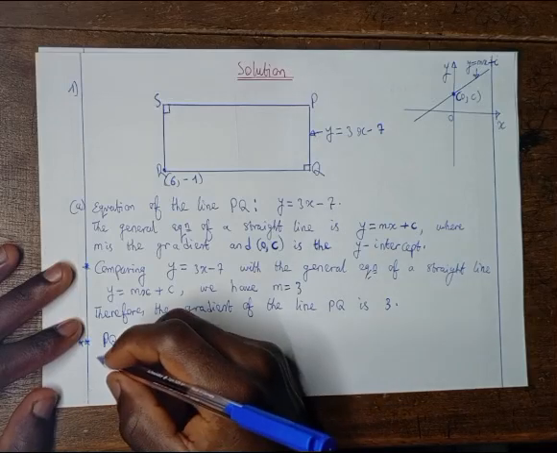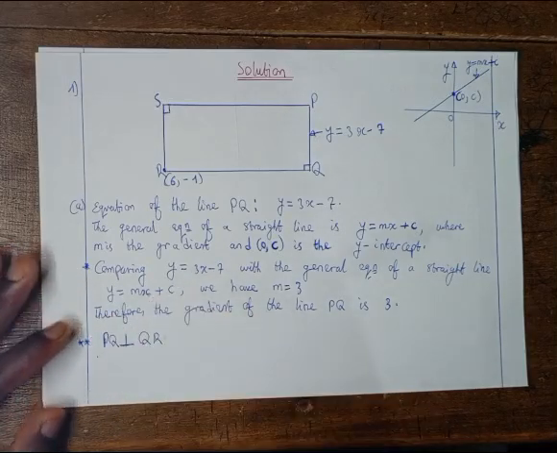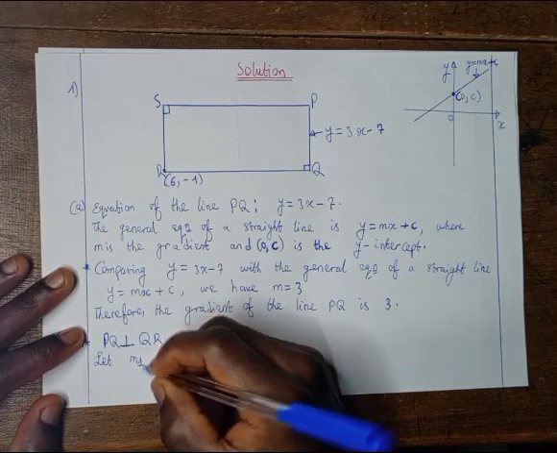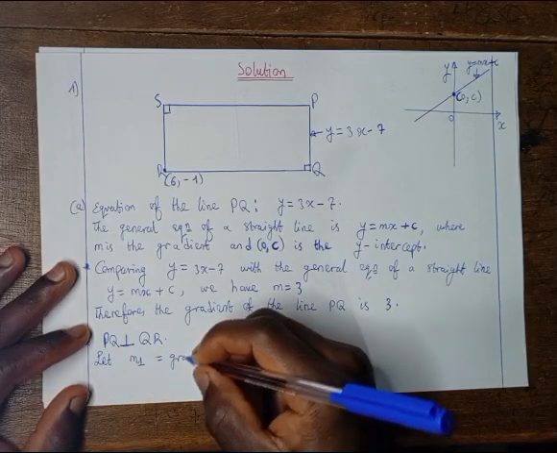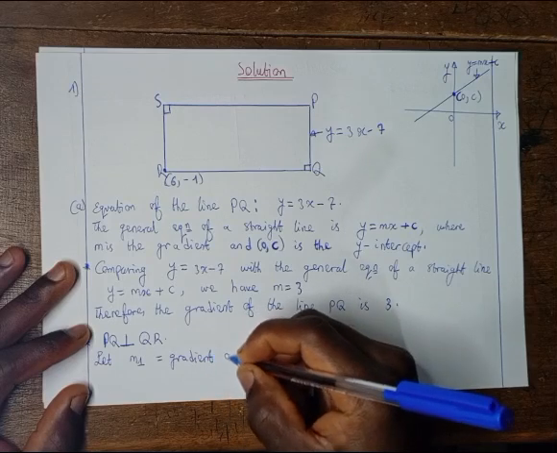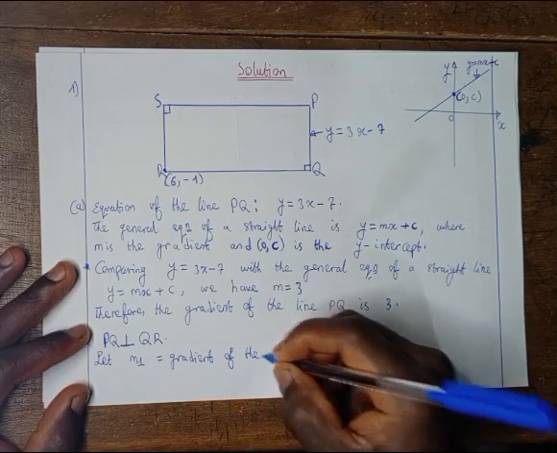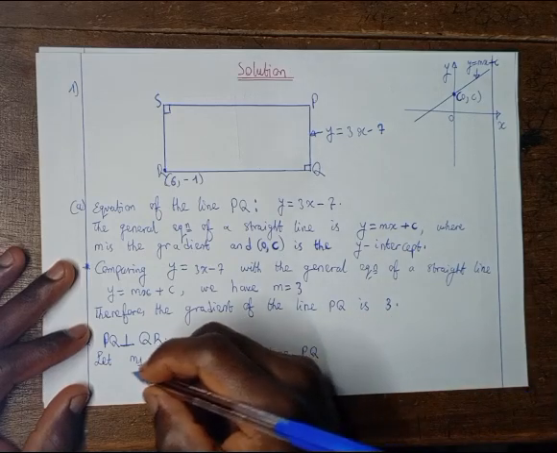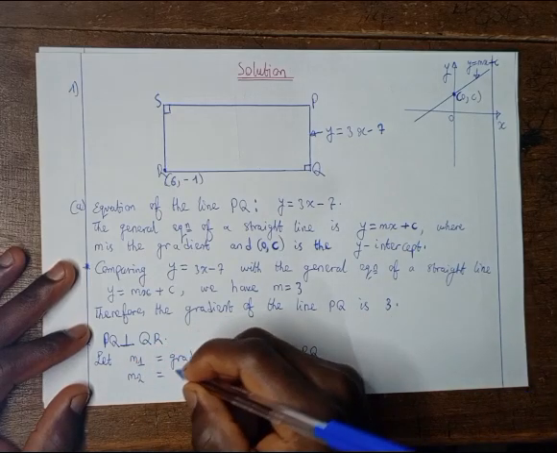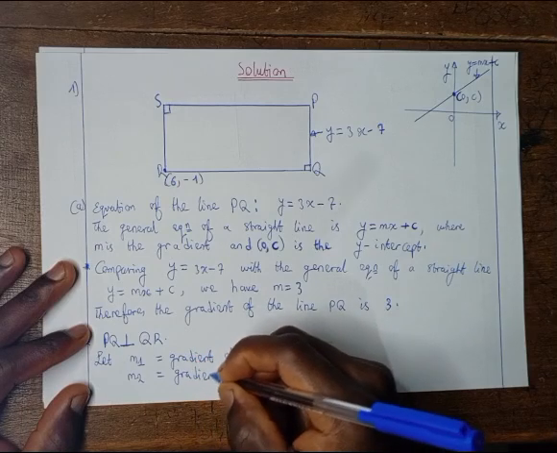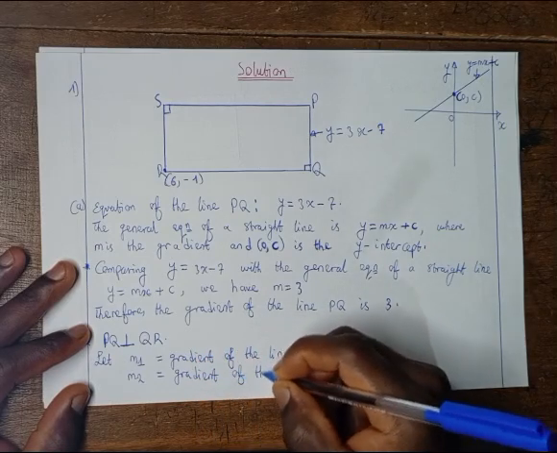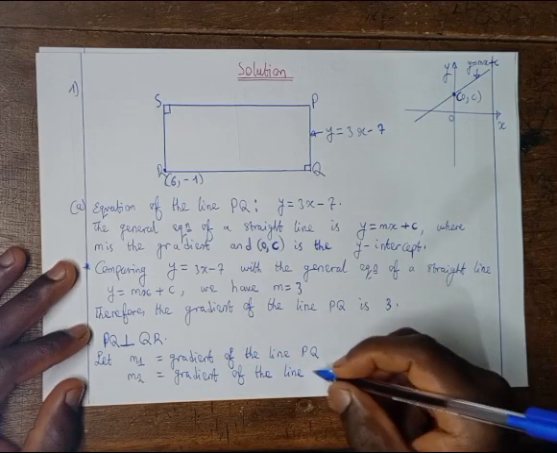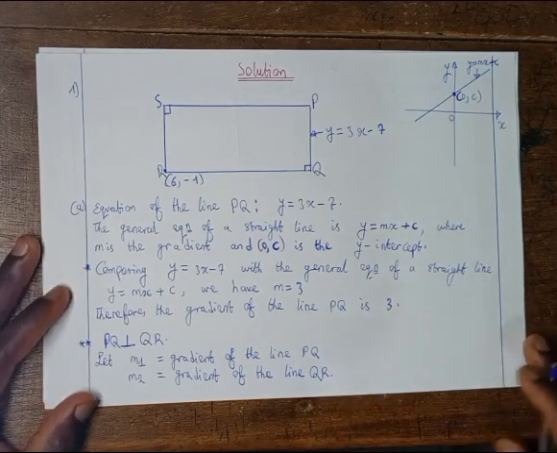Now we are going to say, let M1 be equal to the gradient of the line PQ, and M2 be equal to the gradient of the line QR.